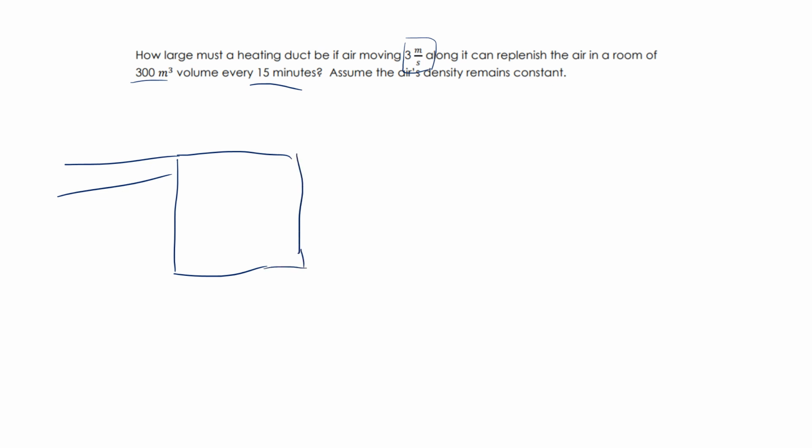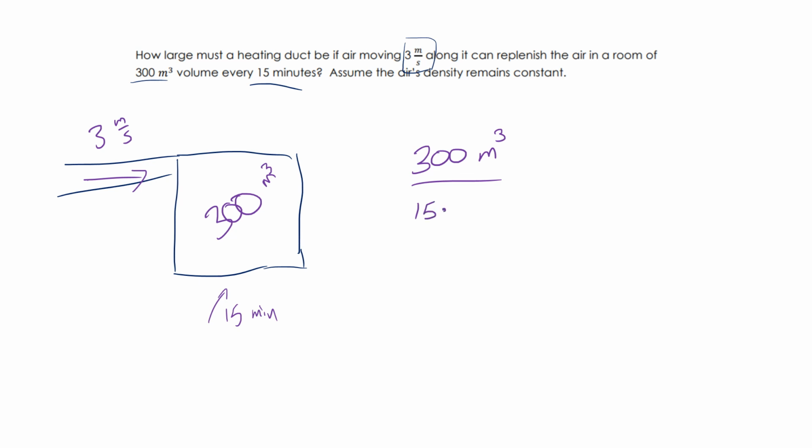Did you do a good job? Let's find out. So the air is flowing in at 3 meters per second into this room, which has 300 cubic meters. And I want this to get switched out every 15 minutes. All right, so I've got 300 meters cubed divided by 15 minutes times 60 to change it to seconds.